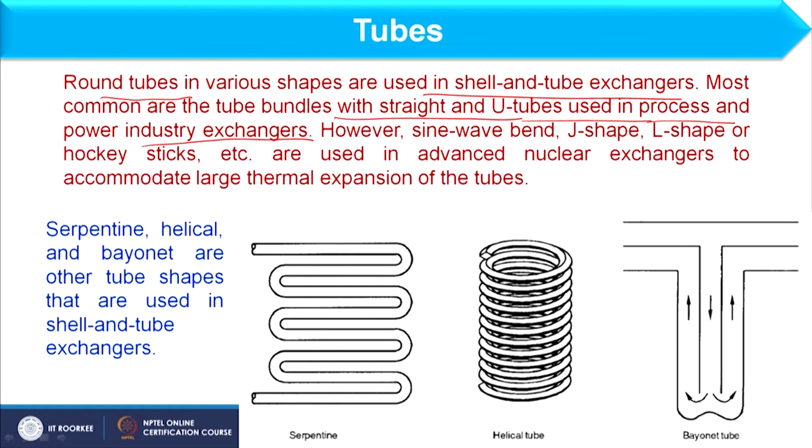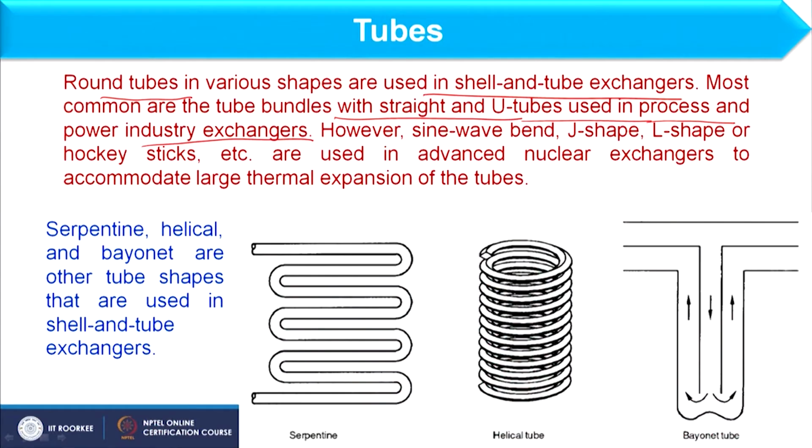Sine wave means the tube is like this. So that is basically the sine wave bend. J shape or L shape or hockey stick. The hockey stick is like this, and this type of tube is also used in special applications. And if you see this schematic, here we have serpentine, that is of this shape.